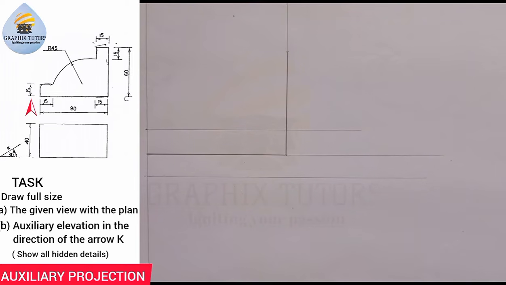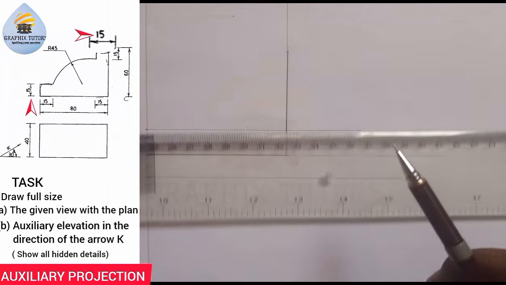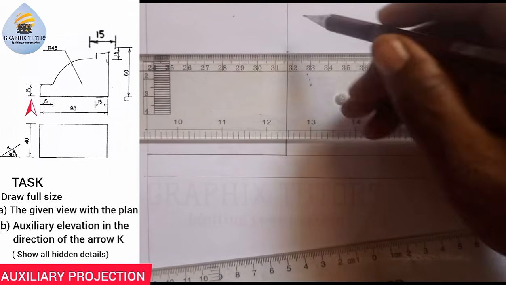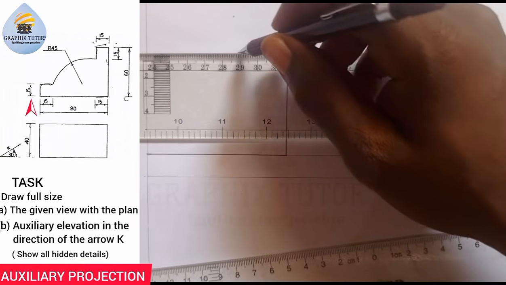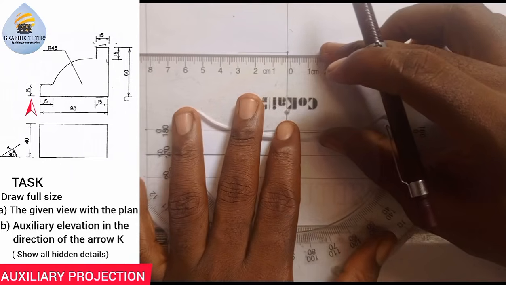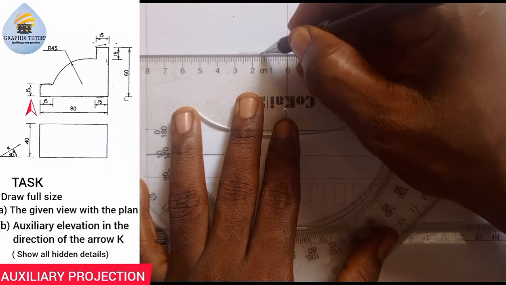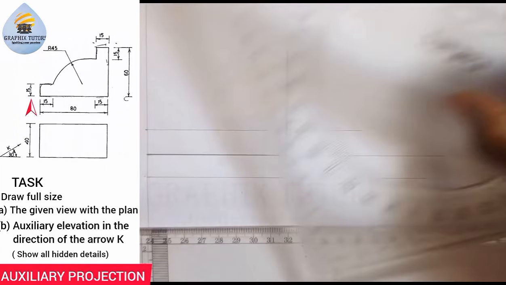Now the next thing I'll do is I'm going to measure from here to here, from here to somewhere around here is given to what? 15. So I will just do my line this way, faint lines first. So that is where I'm going to measure the 15. So from 0 to what? 15, right?